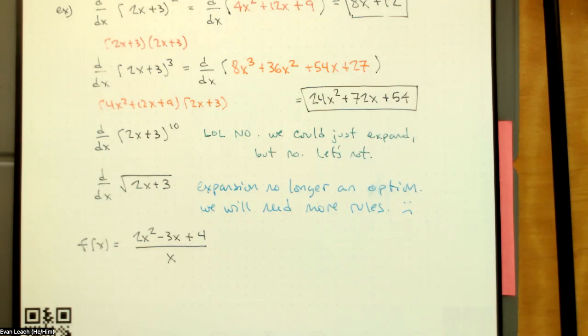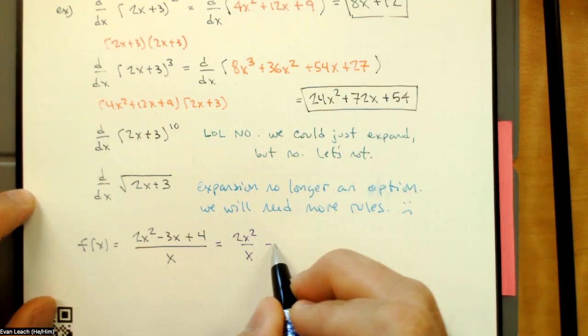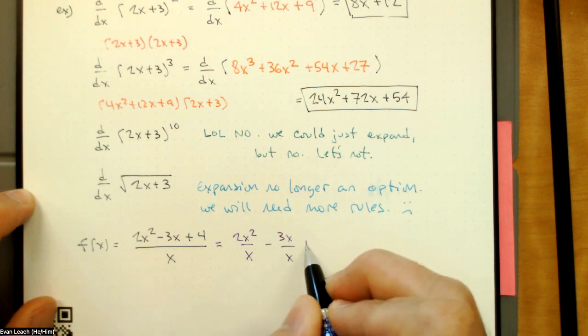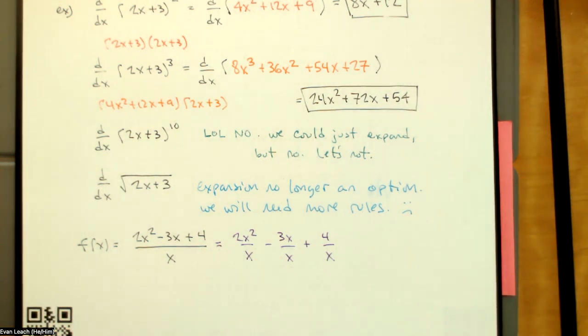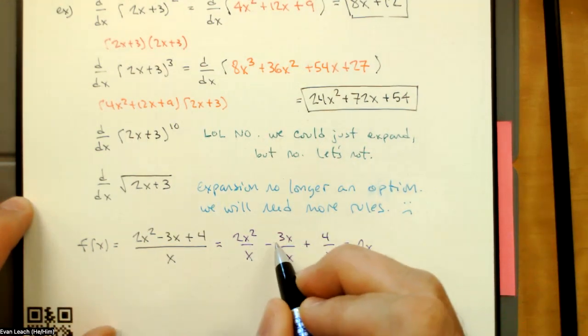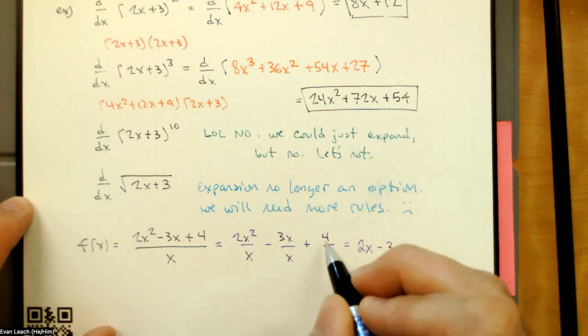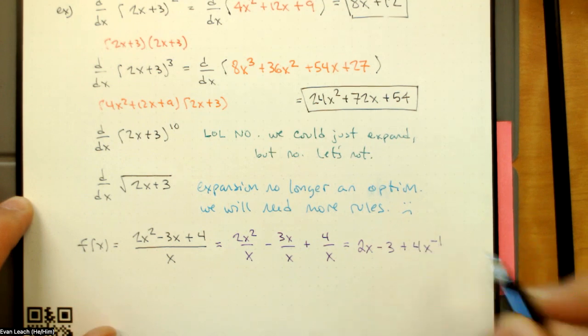Trade our quotient for terms. So 2x squared divided by x is 2x. 3x divided by x is 3. And 4 over x, for derivative purposes, we're going to read this as 4x to the negative 1.